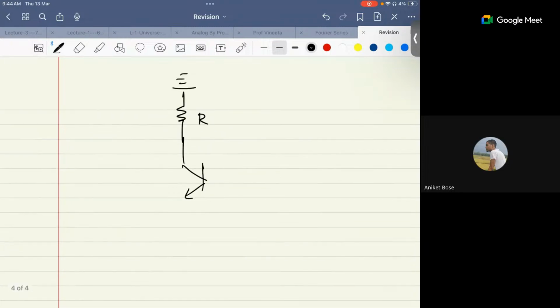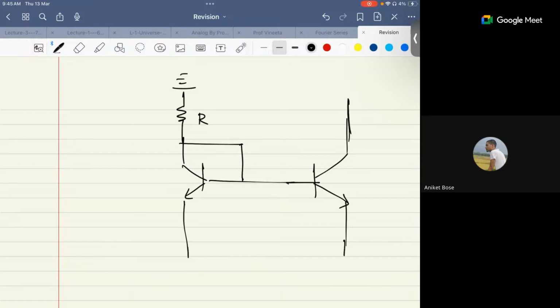See, you have a connection something like that, right? So this will work as a diode. This will be E, and then you'll be having another transistor. You can connect it with some voltage, let's say example minus 10 volt.